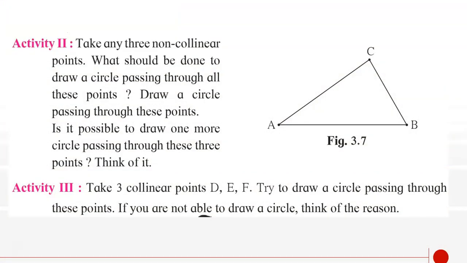Next activity. Take 3 collinear points. Collinear points are points which are in a straight line. Now try to draw a circle passing through these points. Is it possible? If you are not able to draw a circle, think of a reason.